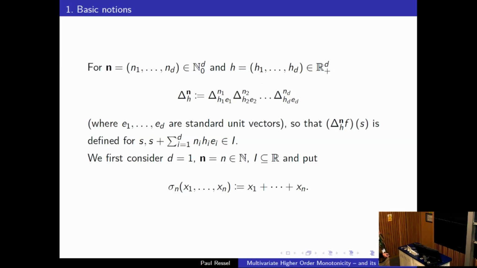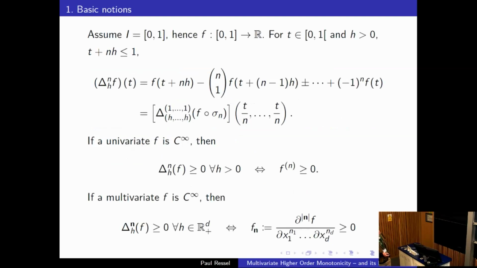We first consider dimension 1, then the vector of integers is just an integer, that would be positive. I is now a real interval, and we will also use immediately the sum function. It will appear several times. We assume for the start that I is the unit interval, and f a function.